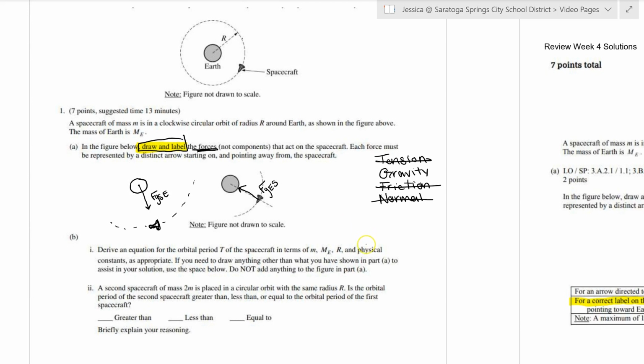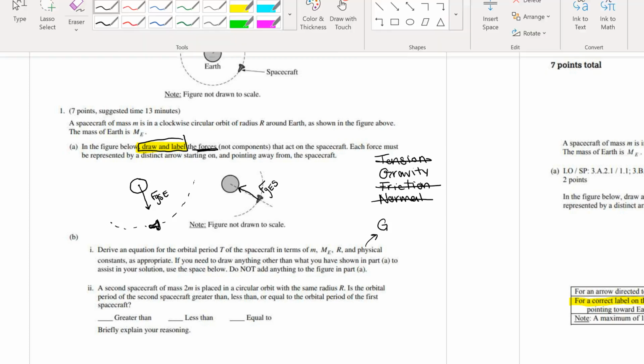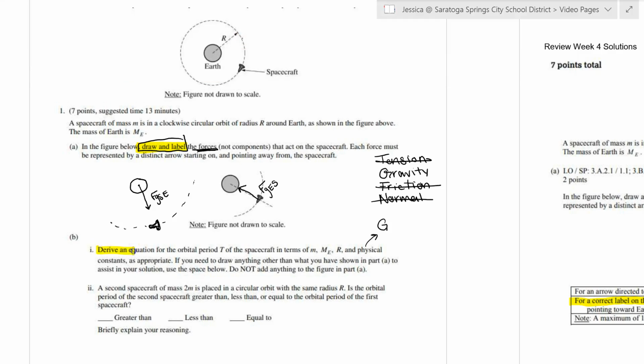So physical constants is going to mean big G, the gravitational constant, and little g, the acceleration due to gravity on the surface of the Earth. We're not on the surface of the Earth, so we should definitely not be using little g. There are other constants on the front of your reference table, but the only one that we should need is big G. So our action verb is derive an equation, and what we need to derive an equation for is the orbital period of the spaceship.